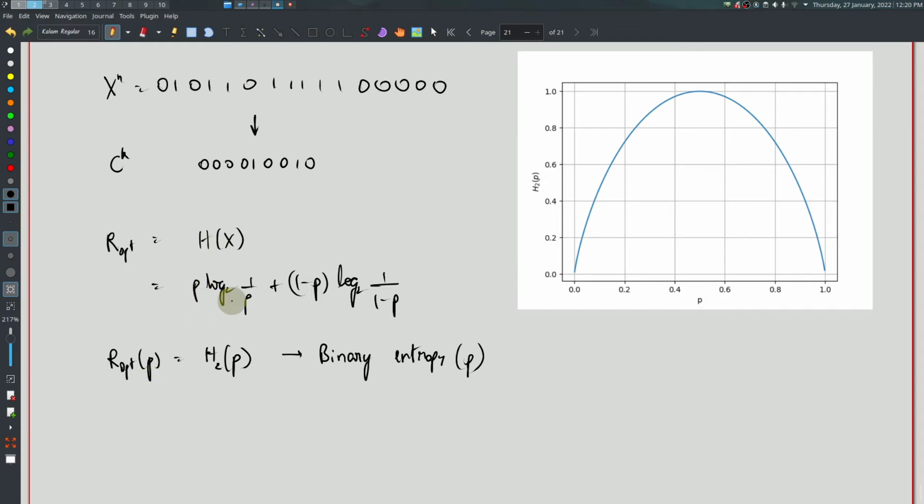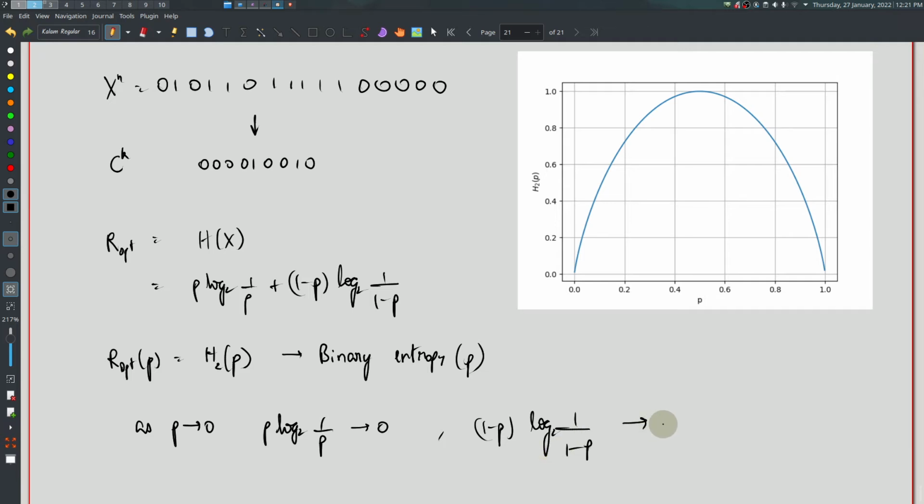If P tends to 0, then this particular quantity also tends to 0. As P tends to 0, the first term, P log 1 over P, tends to 0, and for the second term, 1 minus P log 1 over 1 minus P, 1 minus P tends to 1, so log 1 is equal to 0.